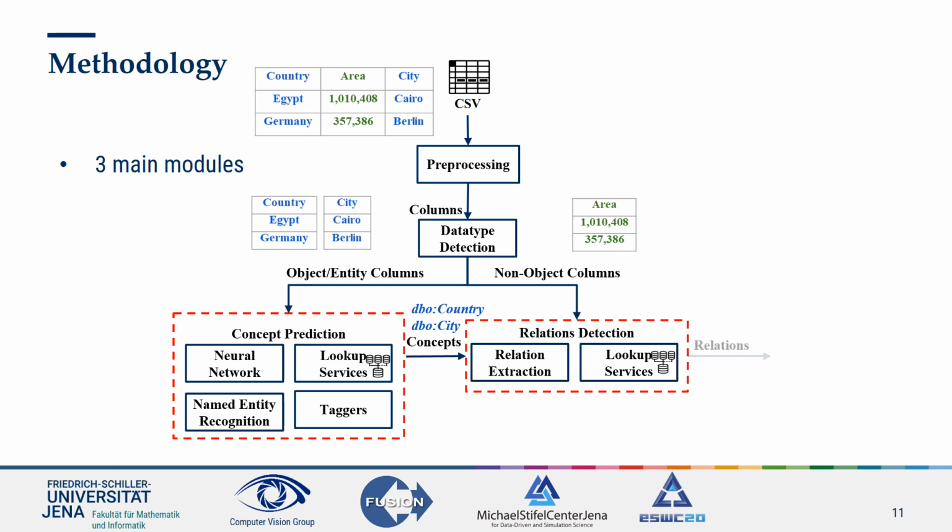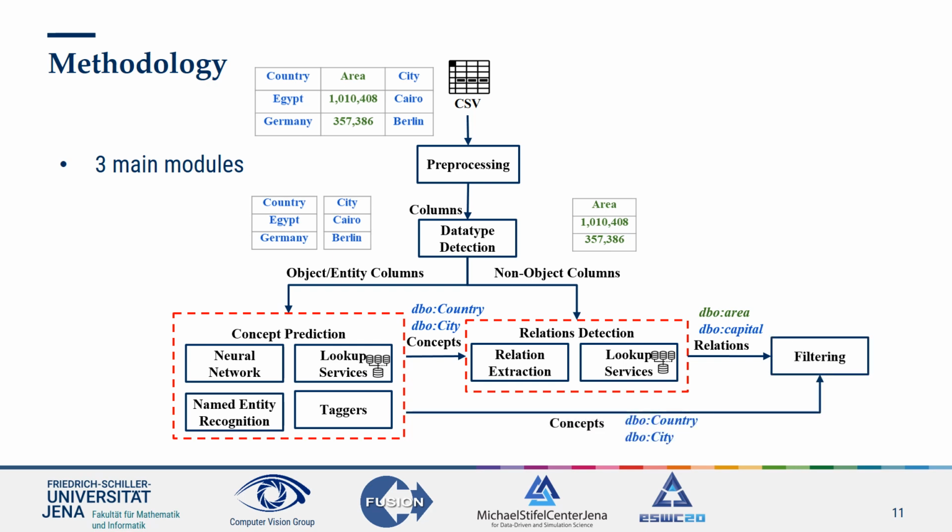In our example, DBO area and DBO capital are the candidate properties or semantic relationships. In practical cases, more than one mapping candidate per column type or relationship would be generated. So a filtering step is needed to pick the most suitable mapping.